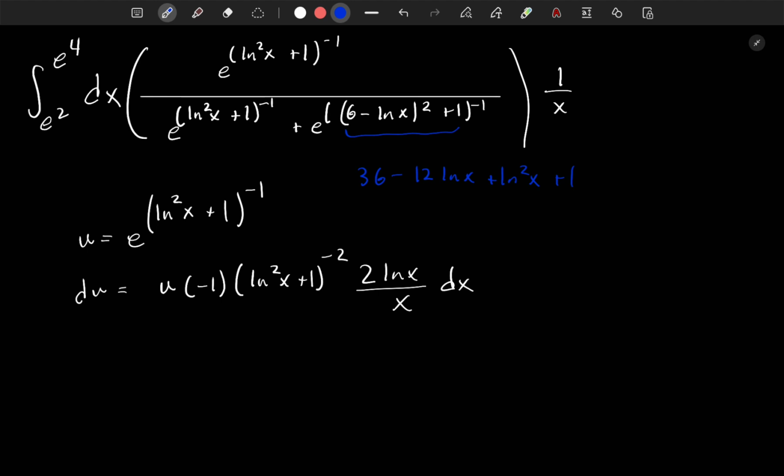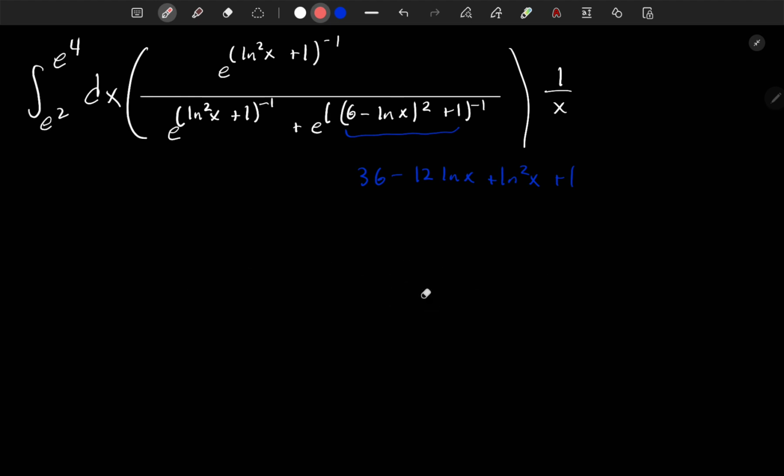Whatever. Well, the fact that we have this 1 over x there, I'll use that for the u sub. So instead of this candidate, we're going to use u is log x.